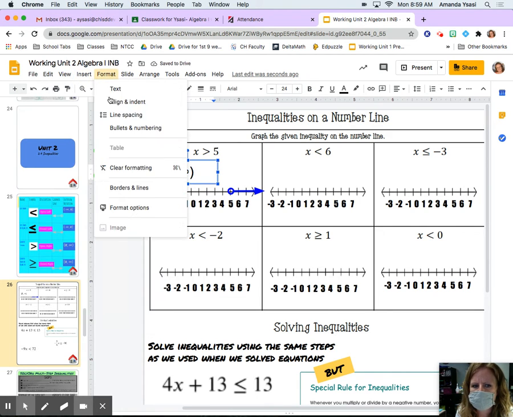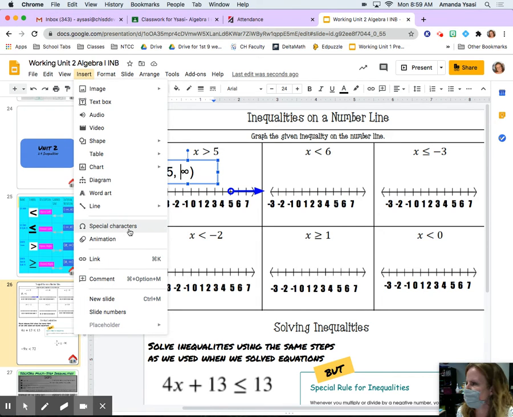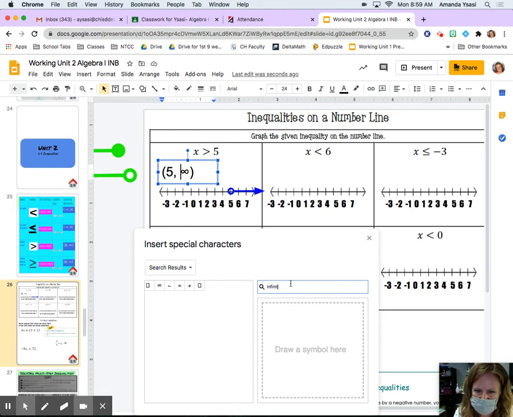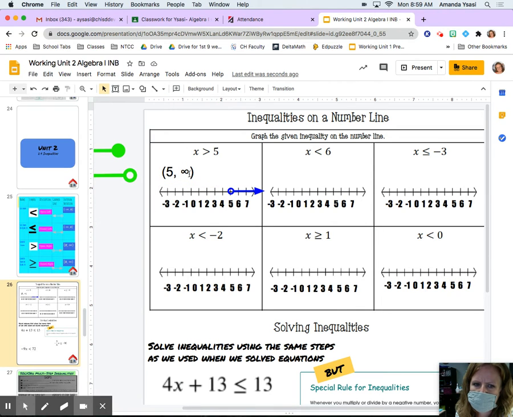Go to insert special characters. And then type in the word infinity, and it makes the infinity sign for you.